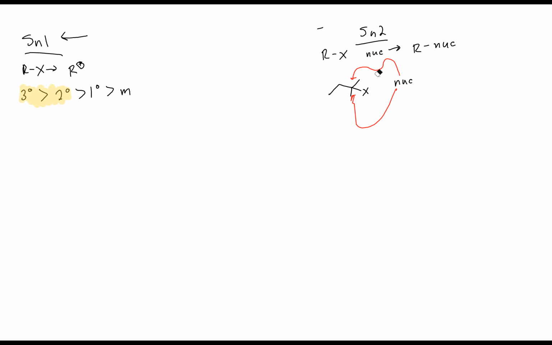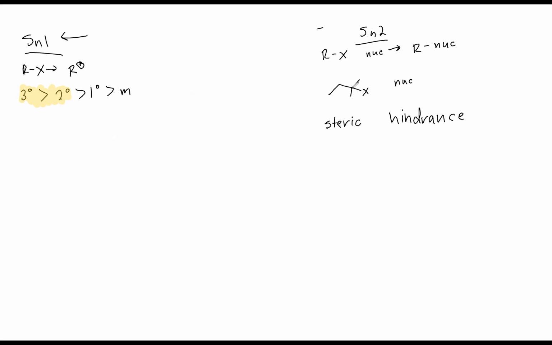So here, SN2 doesn't like tertiary because of something called steric hindrance. This steric hindrance is basically these groups here sort of pushing the nucleophile away and not letting the nucleophile get into this carbon here in order to attack.